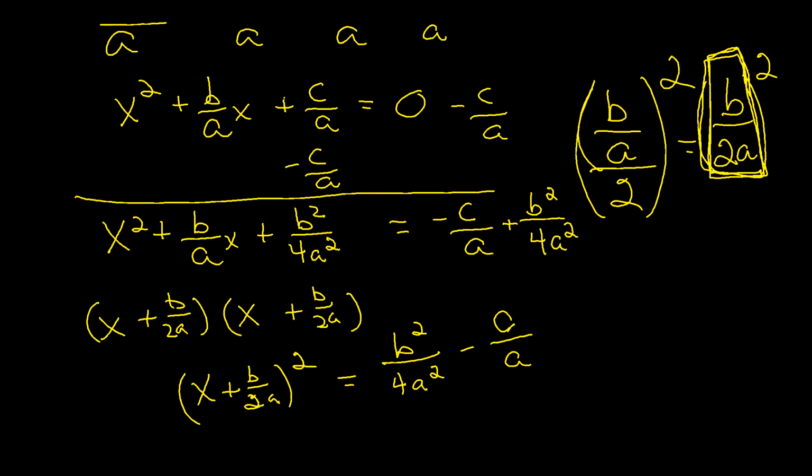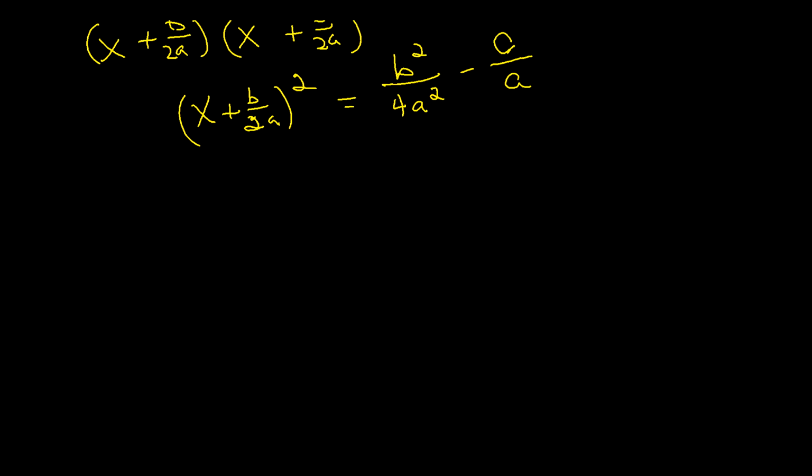All right, let me scoot this down a little bit. And where are we here? So kind of going off on an angle. All right, so what I want to do here is subtract these two. In order to do that, I'm going to level this off here. I've got to get my denominators the same. So I'm going to multiply top and bottom here by, let's see, I'm going to multiply the denominator by 4a, and then I'll multiply the numerator by 4a, the same thing.